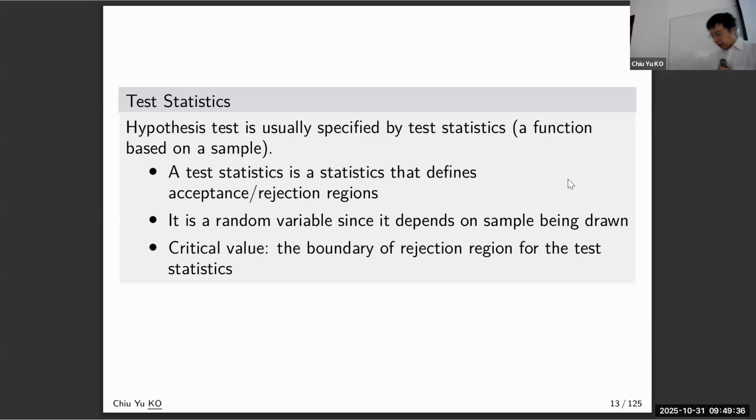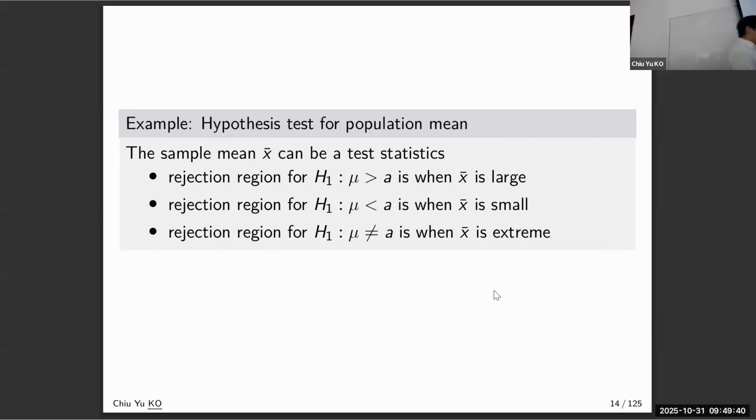Okay. And the example would be like this: if we want to test our population parameter, which is mu, the null is equal to value A, and alternative H1 will be, say, mu bigger than A.